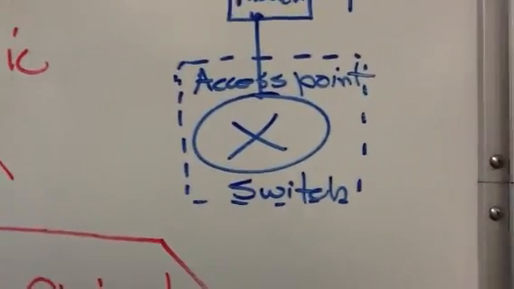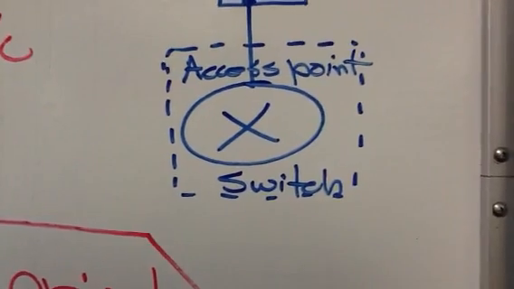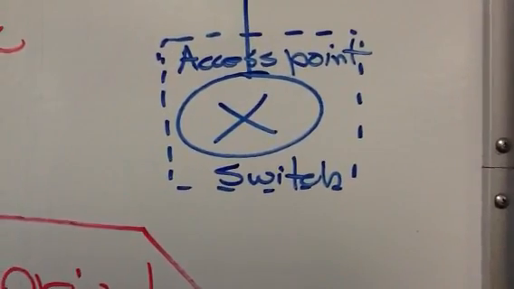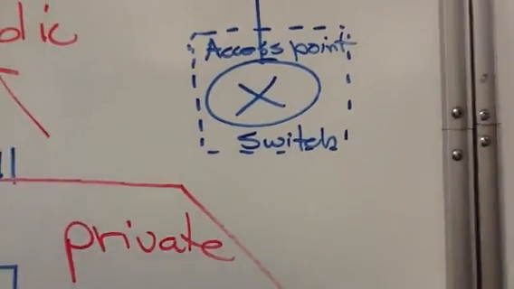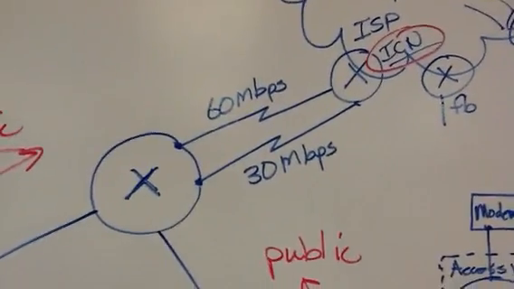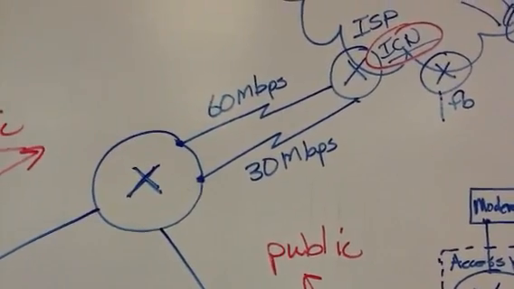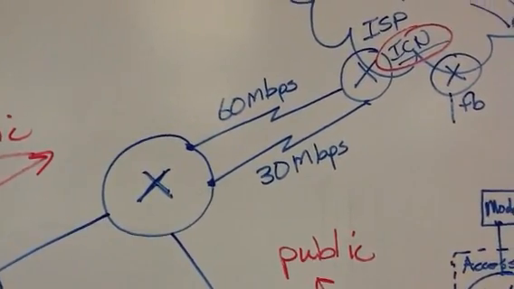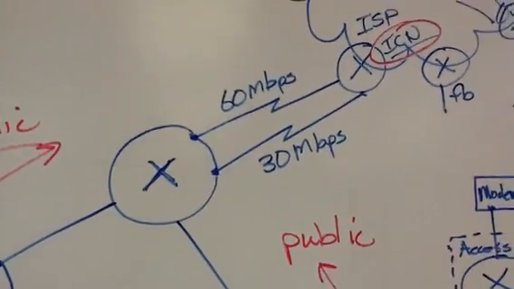Then in your house you got that, they call it a small router, but it's really an access point. You can connect wirelessly. It's a router, it routes the packets, and it's also a switch. Here at the college we have a router that's connected into the ICN. And we have different bandwidths, 60 million bits per second and 30 million bits per second. And I think those are approximate. That may have changed recently.